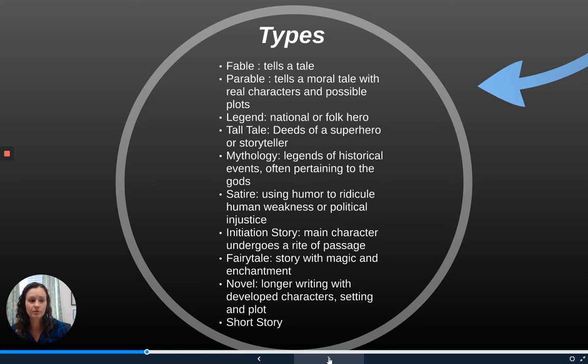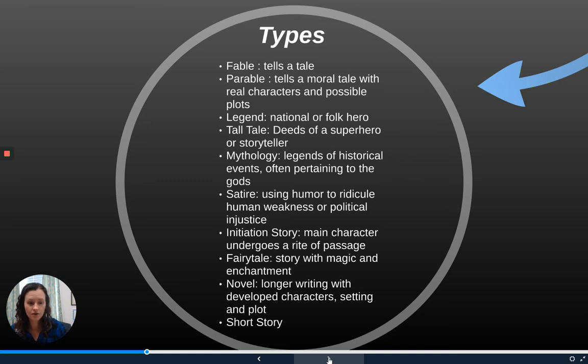Satire, when we use humor to poke fun at the human condition, political issues, things like that. So if you follow something like The Onion or Babylon Bee, you've seen some satire. Initiation stories, so the main character undergoes some kind of rite of passage. This would be something like To Kill a Mockingbird. Fairy tales, of course. Thank you, Disney.